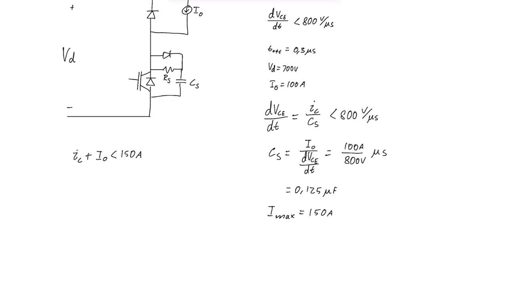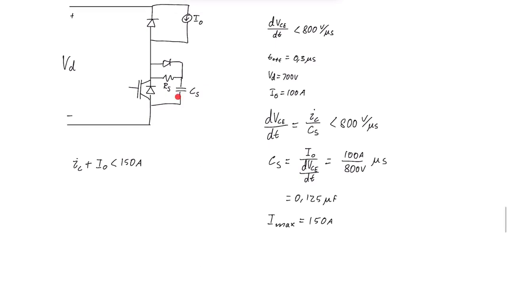And we could calculate IC because in the beginning the capacitor will be fully charged up to VD, because there would go no current through the IGBT and the capacitor. The current through the capacitor is 0, multiplied by RS, plus VD, right?